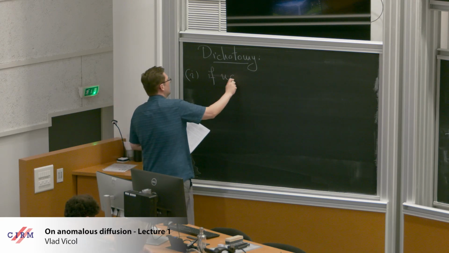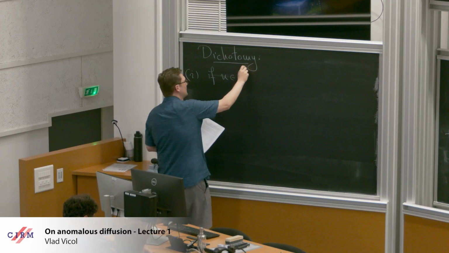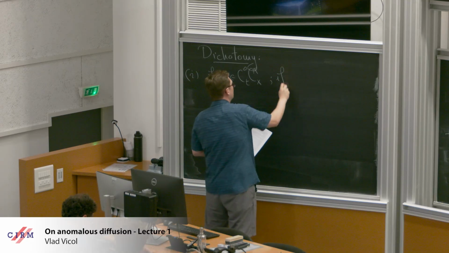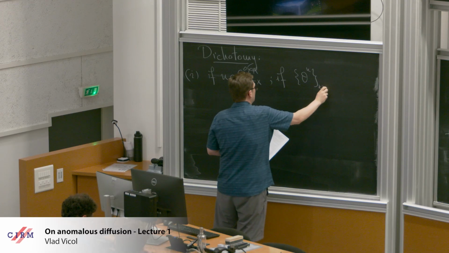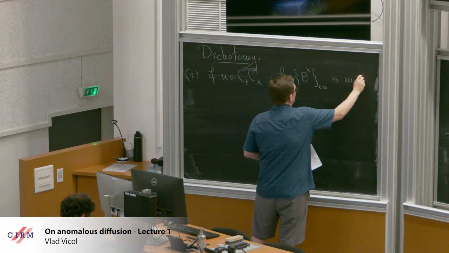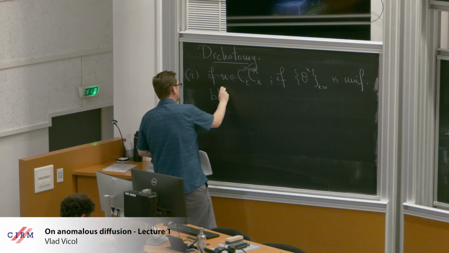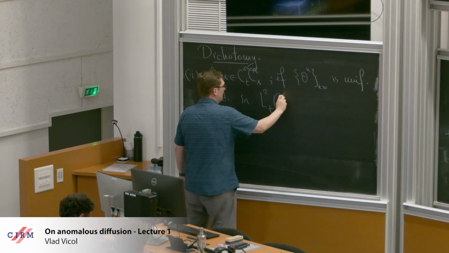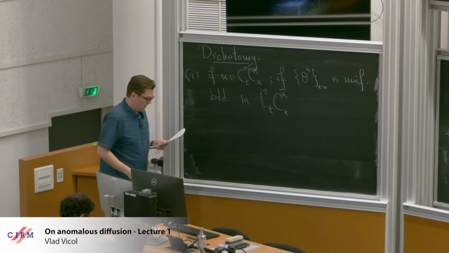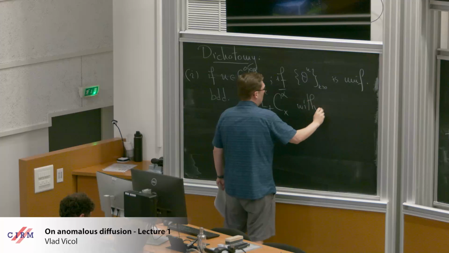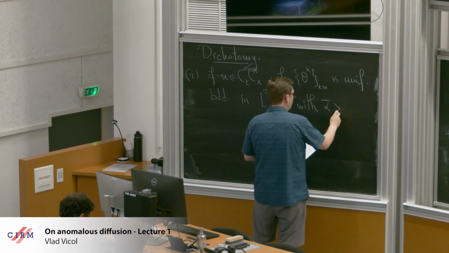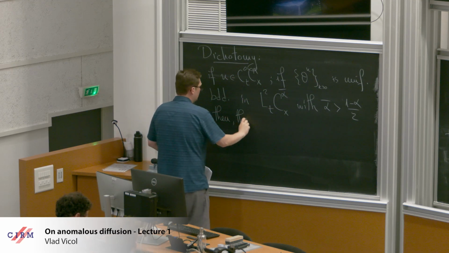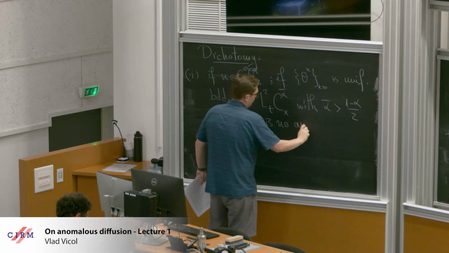If U is in C alpha, and by C alpha, of course, I mean C0 times C alpha space, is divergence free, and if this sequence is uniformly bounded in L2 in time, C alpha bar in space, with alpha bar strictly larger than (1 minus alpha) over 2, then there is no anomalous diffusion.